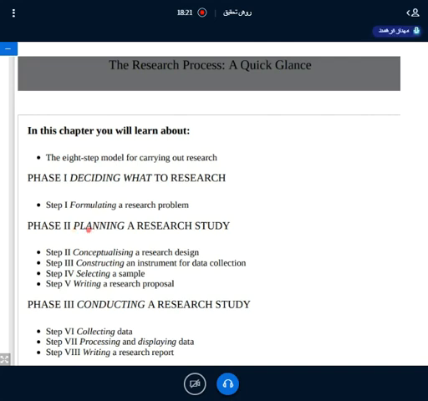Phase 2, planning a research study, this phase has 4 steps. Step 2, conceptualizing a research design. Step 3, constructing an instrument for data collection.